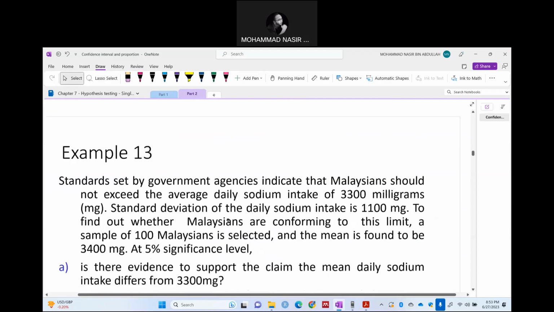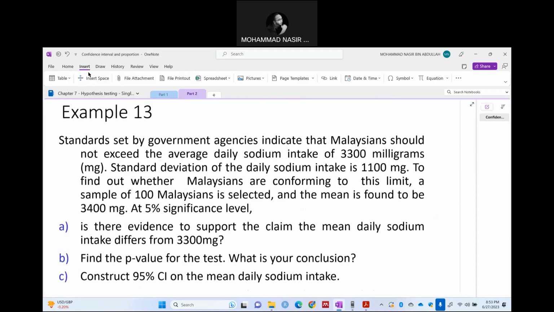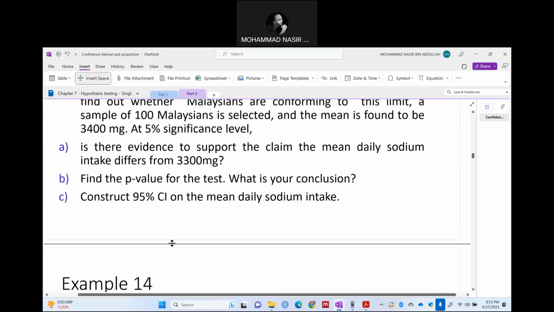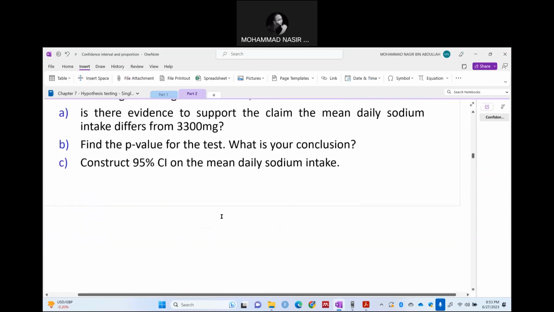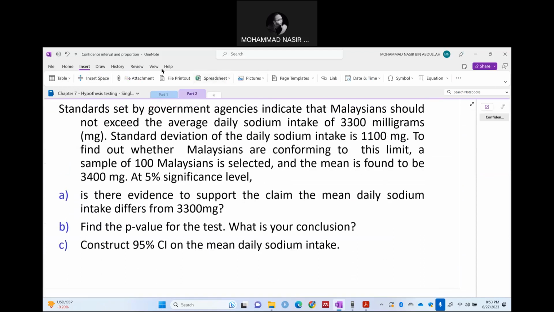Right. Let's look at example number 13. So example number 13, a standard set by a government agency indicates that Malaysians should not exceed the average daily sodium intake of 3,300 milligrams. And the standard deviation of daily sodium intake is 1,100 milligrams.